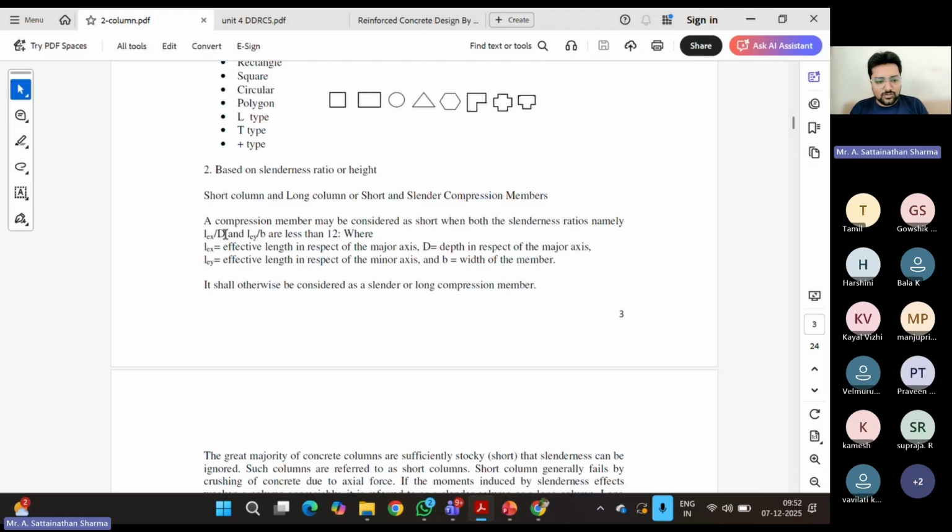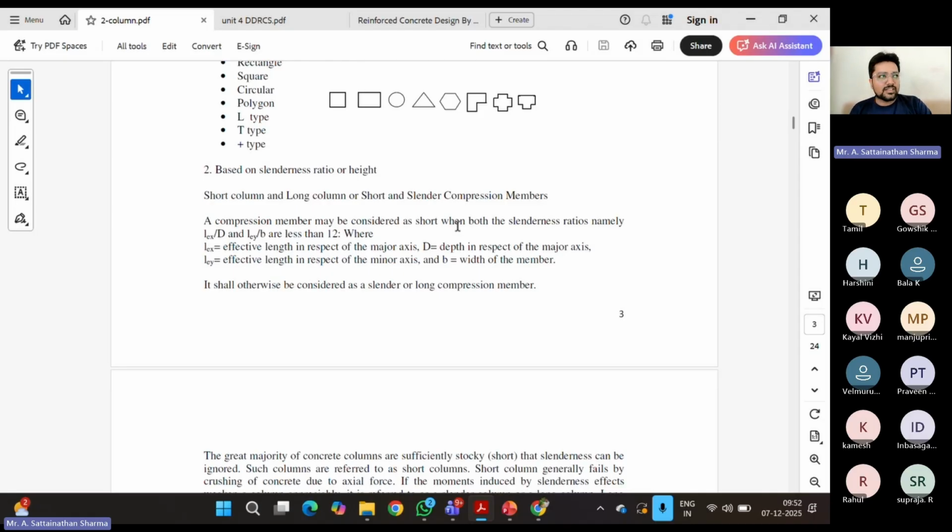So based on these conditions, the slenderness ratio is nothing but the ratio of length to the least lateral dimension, or sorry, no, not least lateral dimension. I'm begging your pardon. Length by lateral dimension. Then what they are saying, which can be considered as column: the compression members can be considered as column when both the slenderness ratios, that is Lex by D and Ley by B, are less than 12.